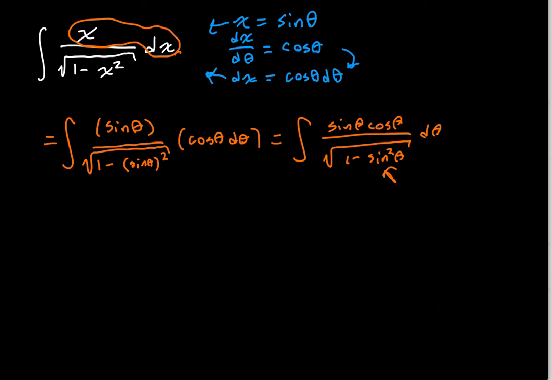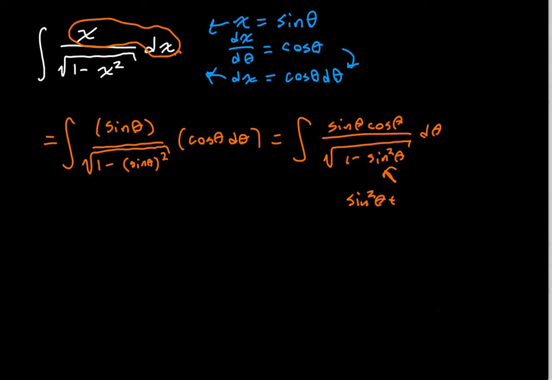There's that Pythagorean identity. You should probably know by now that sine squared of theta plus cosine squared of theta is equal to 1, and hence 1 minus sine squared of theta is equal to cosine squared of theta. It's pretty important. That's not a theta, but whatever. You should probably know that.